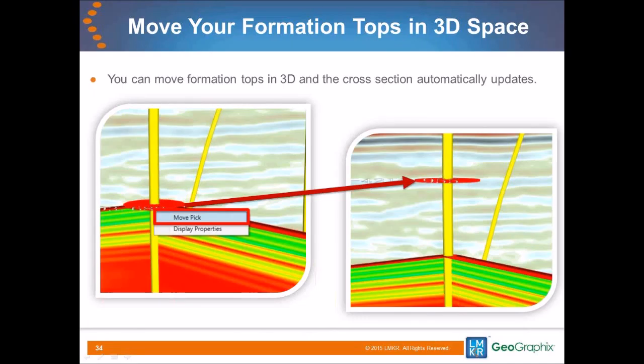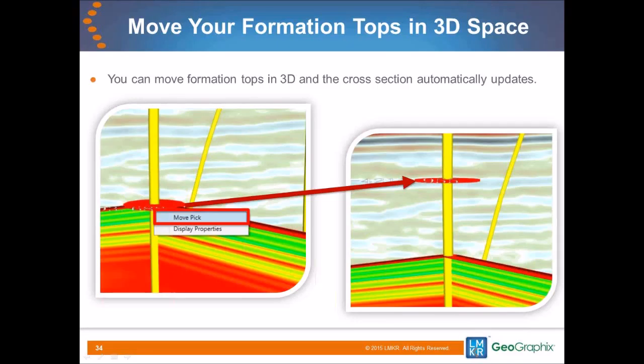We've added the ability to move formation tops in 3D, and the cross-section actually will automatically update when you do this. In 3D, sometimes it doesn't make a great deal of sense to do this, unless you have good quality log data. In the 3D environment, you can actually put your entire Prism template along the wellbore to help you make that pick.